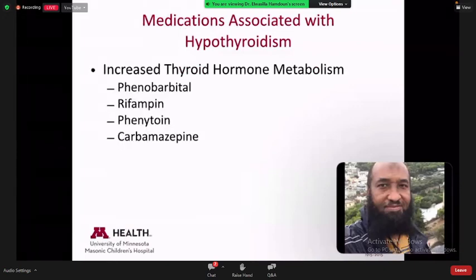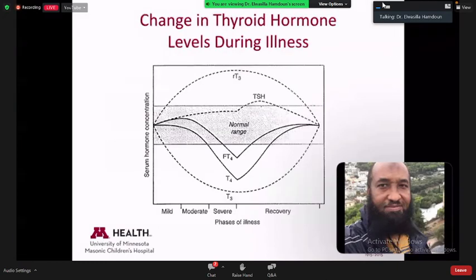Increased thyroid hormone metabolism means clearance. It gets cleared from the body if someone is already on phenobarbital, rifampin, phenytoin, carbamazepine, all of these anti-epileptics. They induce the clearance or metabolism of the thyroid hormone, so it can decrease its function. And so once again, you need to be aware of the interaction.